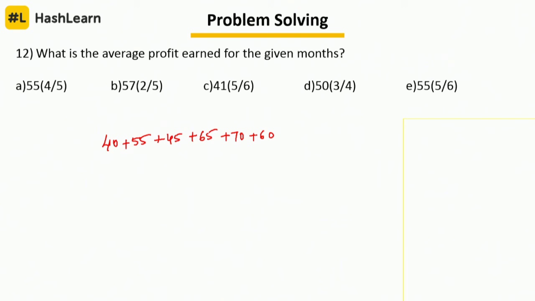So this is the percentage of the profit. You have to divide that by 6 because there are a total of 6 months.